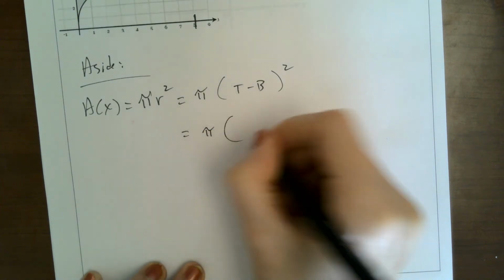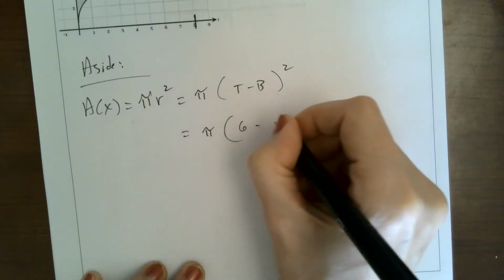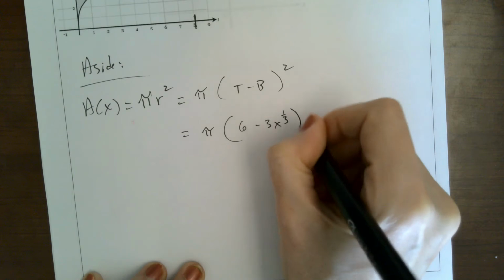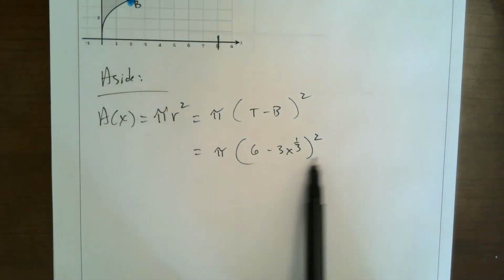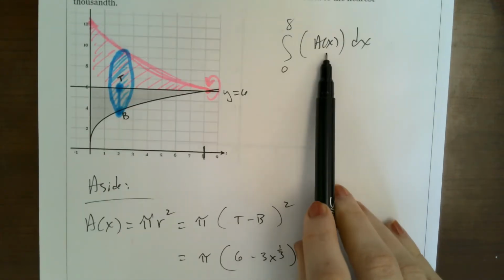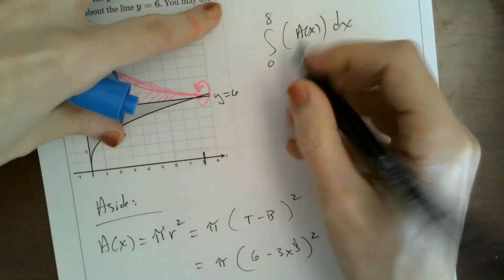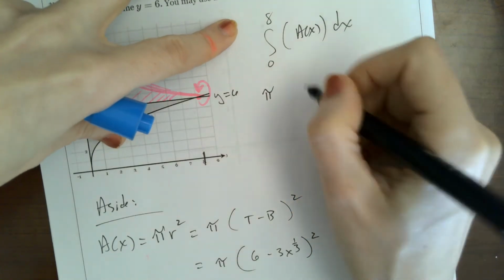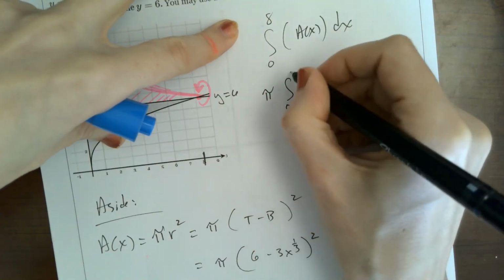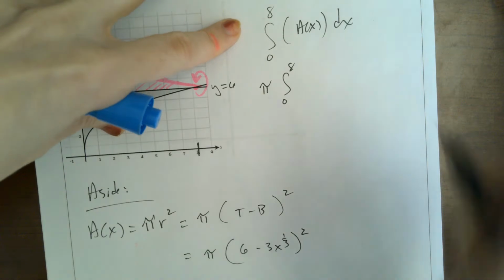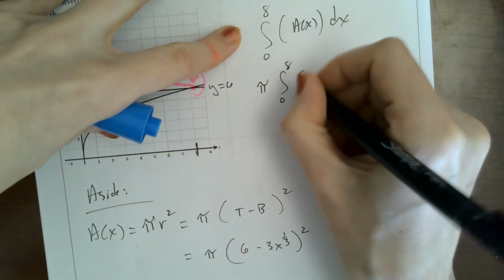So this is pi, the top is 6, the bottom is that. So this is going in for A of x. But the thing is, guys, you could pull the pi out front because that's just a constant multiple. You can never, ever pull variables out front, but you can pull constant multiples out front.